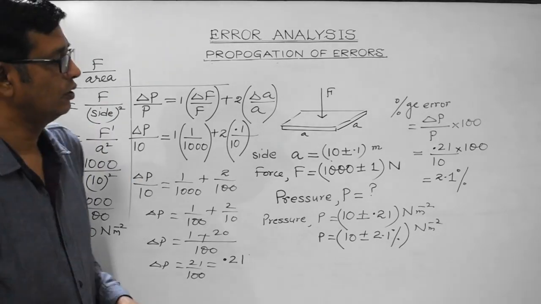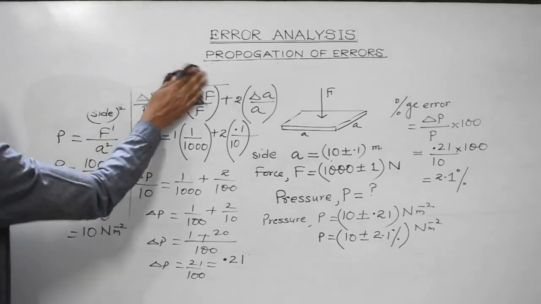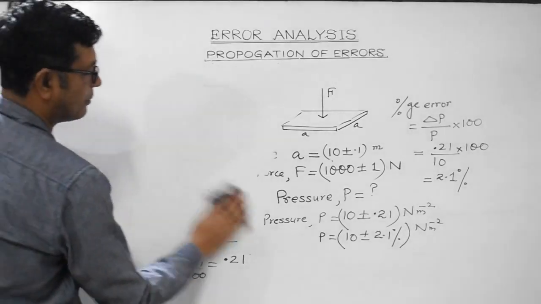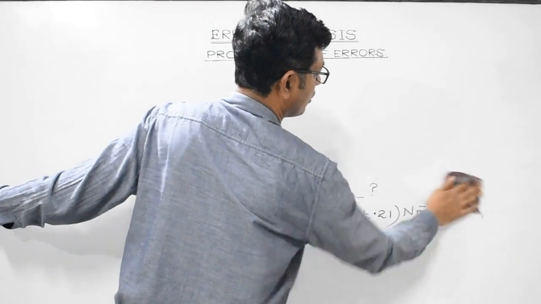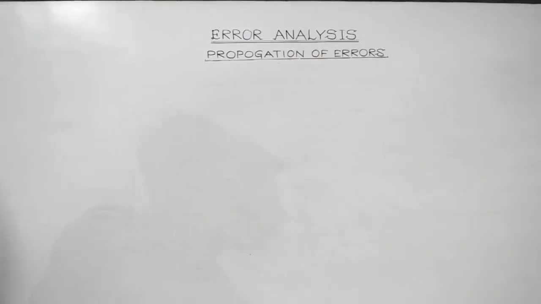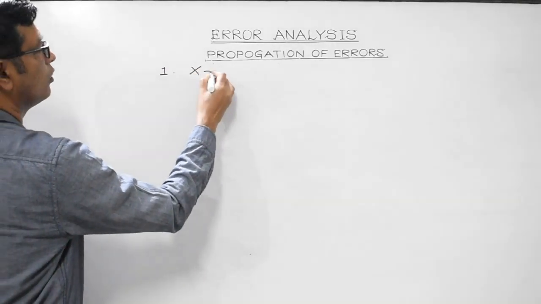So, let me recapitulate all the topics. The 6 cases which we have discussed, we can easily recapitulate, starting from addition, subtraction, product, quotient, and then power. So, what was the first case? When the result involves addition.